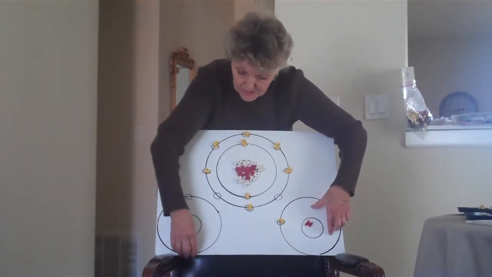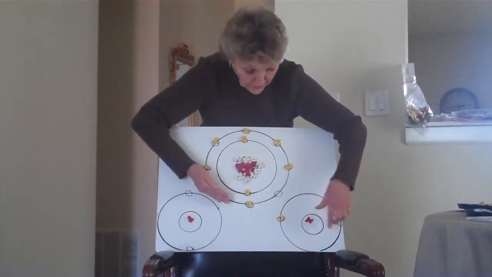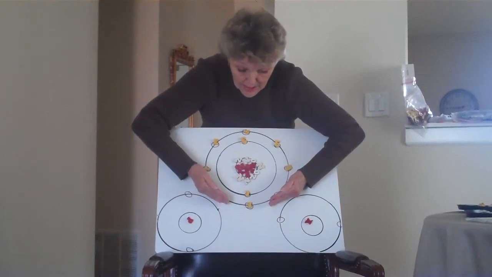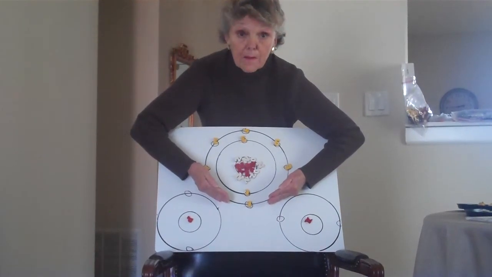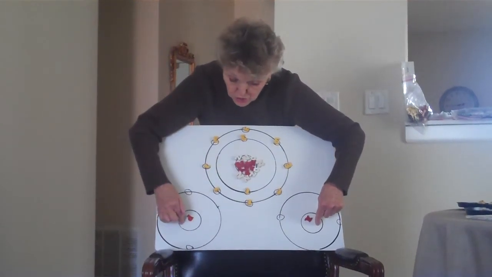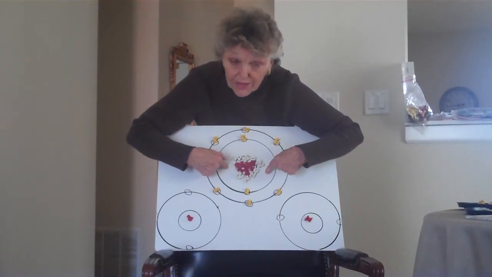So what happens is, this little electron gets shared, this scoots up here, this little electron gets shared, and this scoots up here, and we have a molecule of H2O, which is water. Thank you very much.